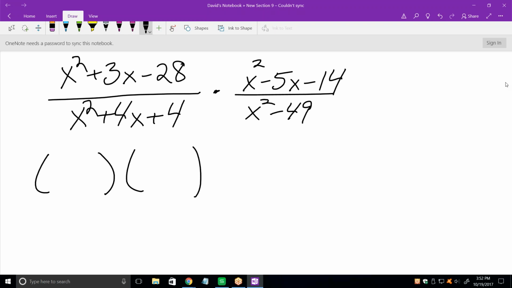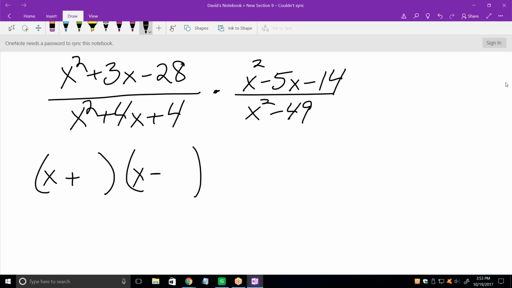Start on the top left. So it'd be x and x, and plus minus. What's the rule? What's the next part?